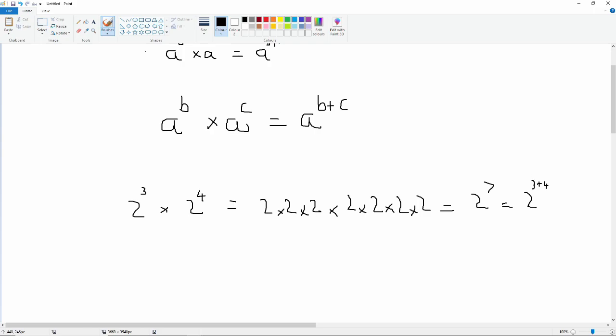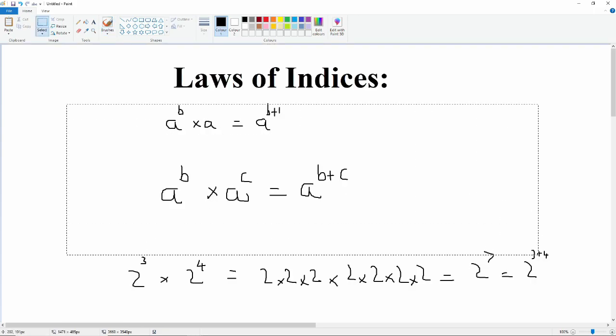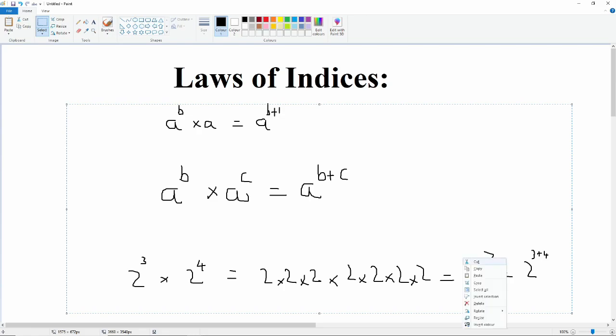Okay, I think we've done enough basics to be able to solve the problem that we were given.